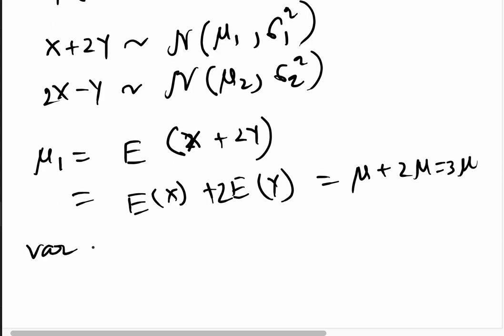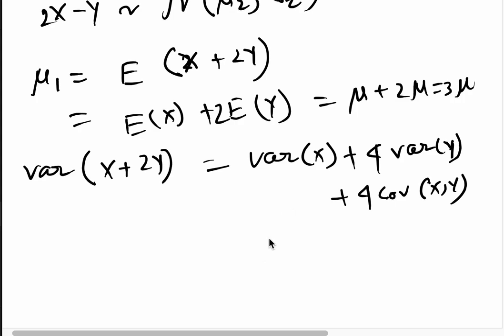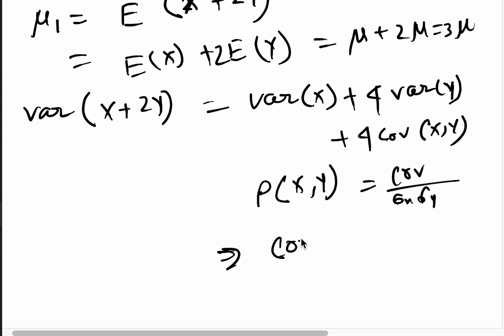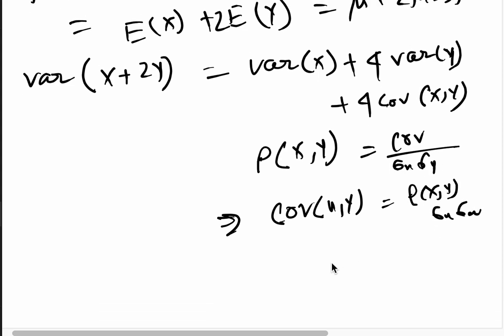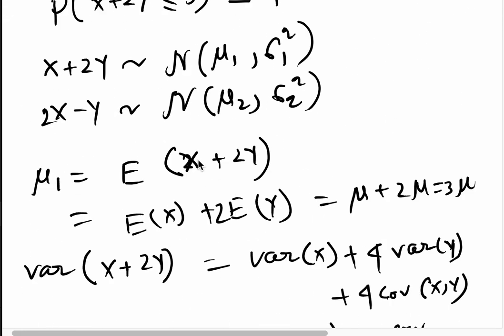Now let's see the variance of X plus 2Y. From the formula we know that variance of X plus 2Y is variance of X plus 4 into variance of Y plus 4 into covariance of X, Y. And the correlation coefficient means covariance divided by sigma X into sigma Y. So covariance of XY will be rho XY into sigma X sigma Y. Since sigma X and sigma Y are the same, 1, this is nothing but rho XY, and rho XY is 0.5.